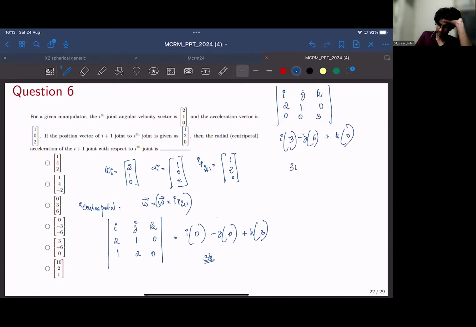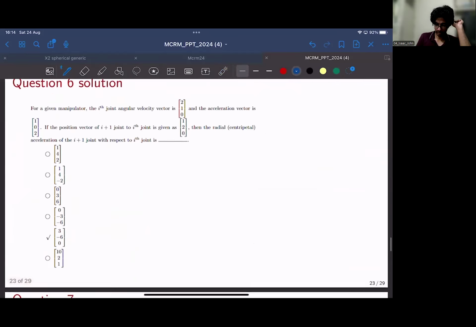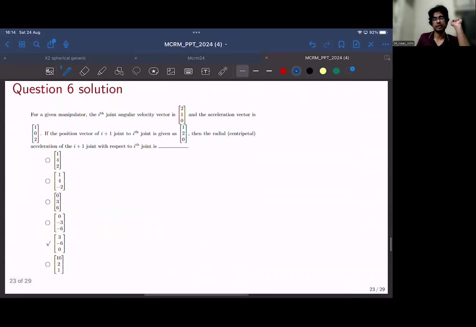So it will be 3I minus 6J plus 0K. So your answer would look something like this: 3, minus 6, and 0. I guess the correct answer is option E. The answer is indeed correct.